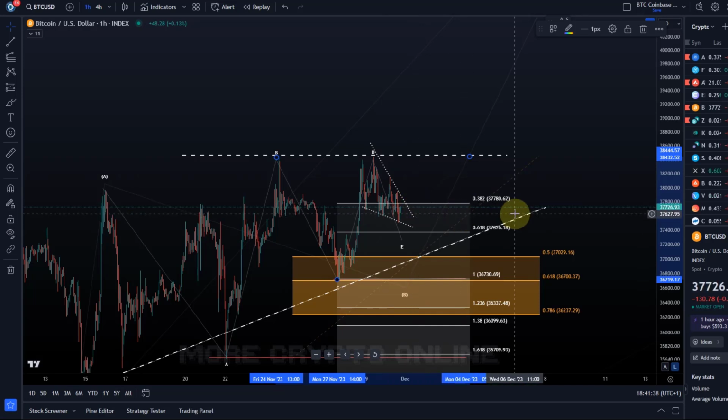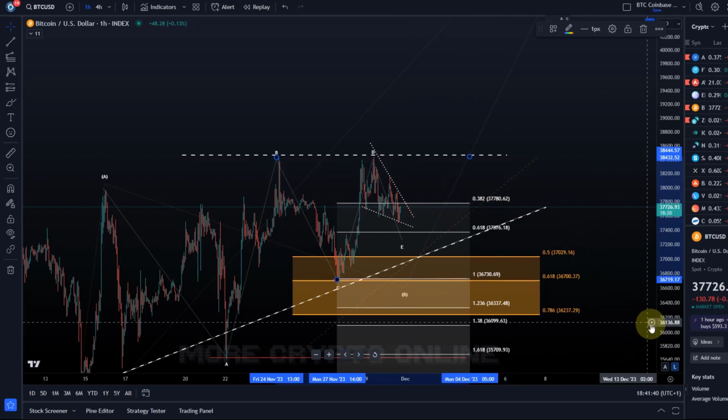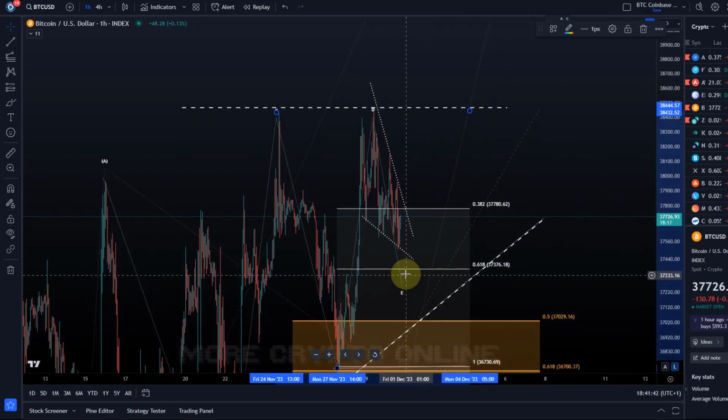So we already broke below the 38.2. That's typically a little bit shallow, but somewhere in between or exactly at the 61.8 extension. They are not very reliable levels, but they are all we've got really in a triangle. So I would pay some attention to the 37,376 level.